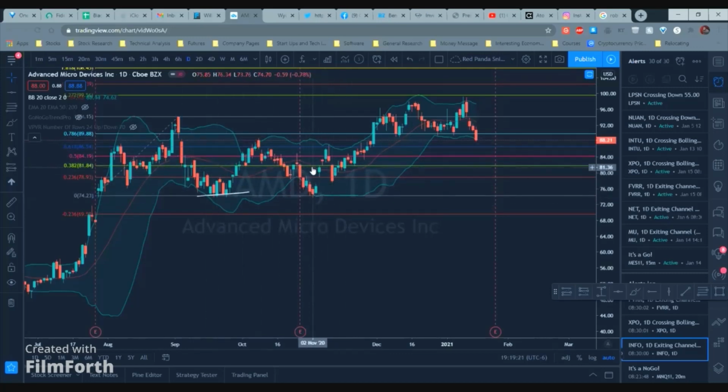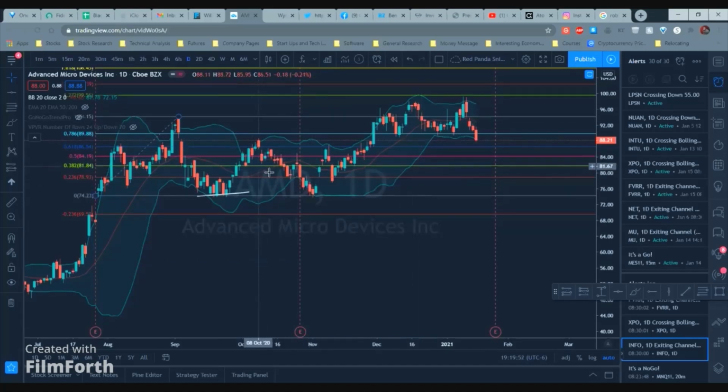It's not giving me a clear distribution, and it's not giving me a clear reaccumulation. It kind of does if I think about it, but this is supposed to be breaking structure and coming up, so that's not really a good reference point. We have a breaker structure here, and we have a failed upthrust here. I would have thought this would have been distribution, but it looks like reaccumulation because once we got here, we completely bounced off.